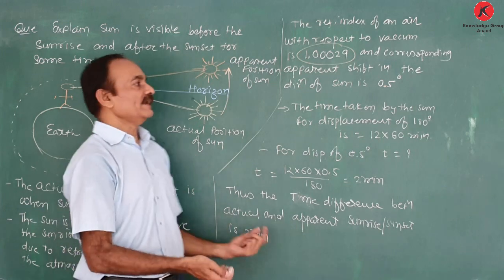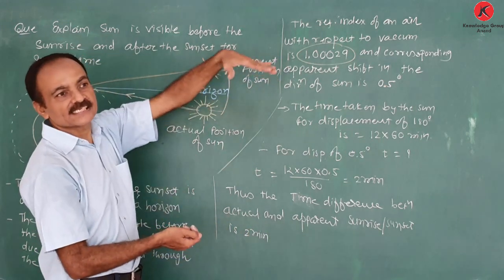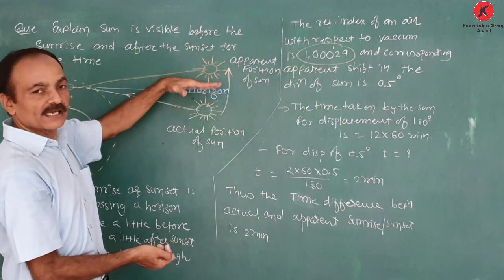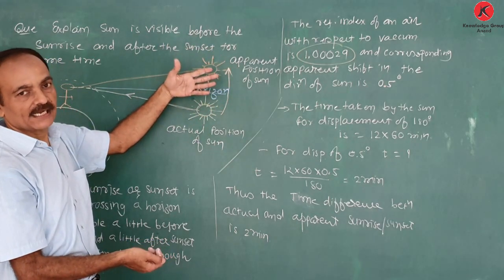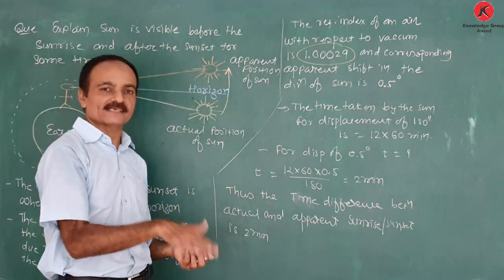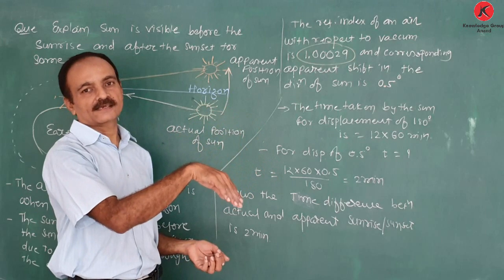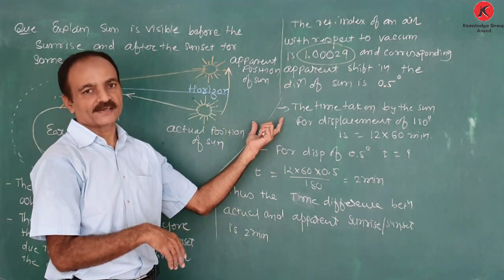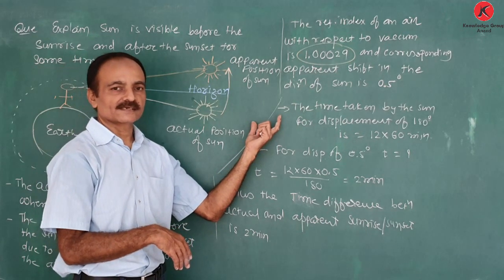Therefore, we see the sunrise 2 minutes earlier than the actual event, and in the same way, after the sun sets, we can see the sun 2 minutes later. This is due to the phenomenon of refraction by the atmosphere.